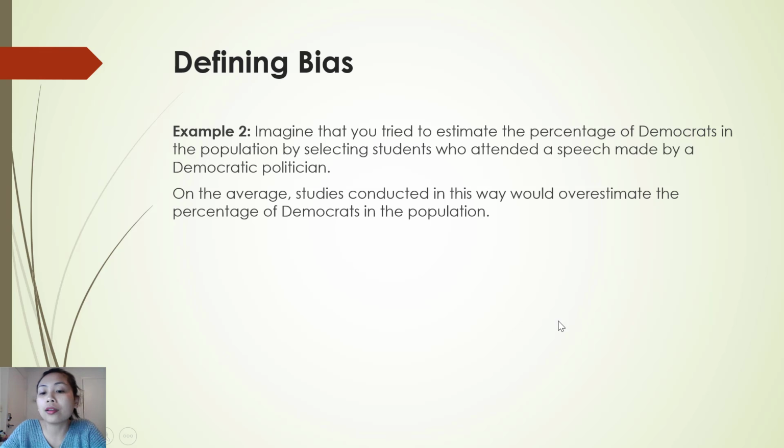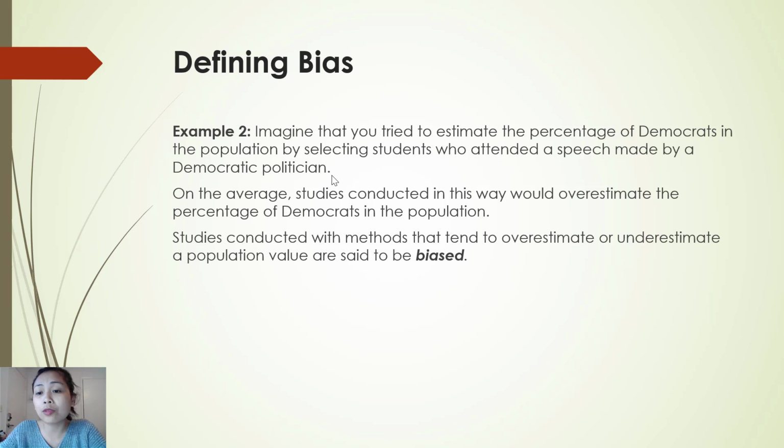That means the estimate is generally higher than the true population percentage, because people who attended the speech made by the Democratic politician usually mainly agree with Democrats.